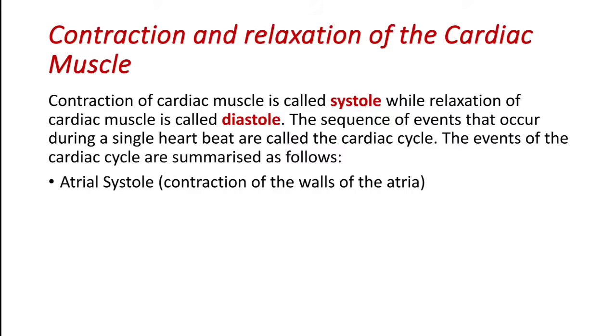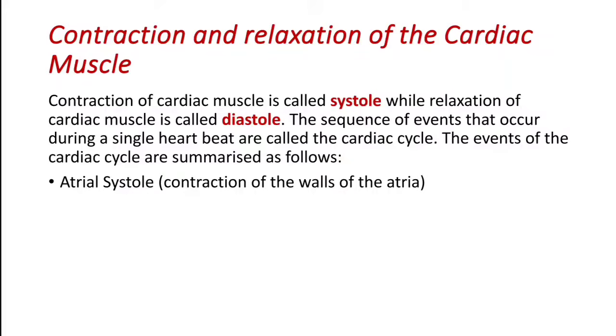So these walls contract as well as relax. The walls of the atria are known as atrial walls. And when these walls contract, that is referred to as atrial systole. So atrial systole is simply the contraction of the walls of the atria.